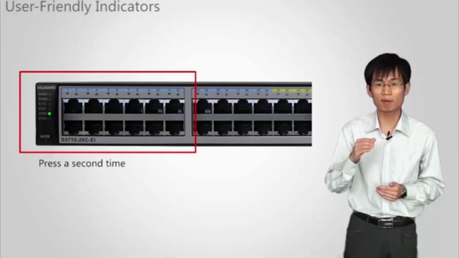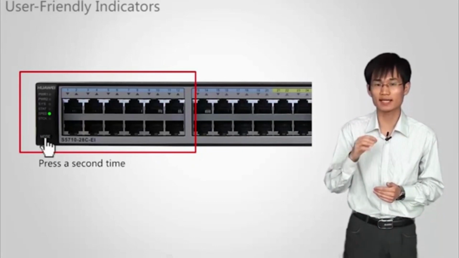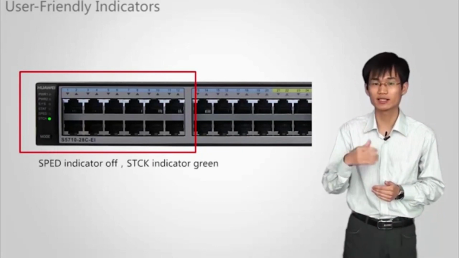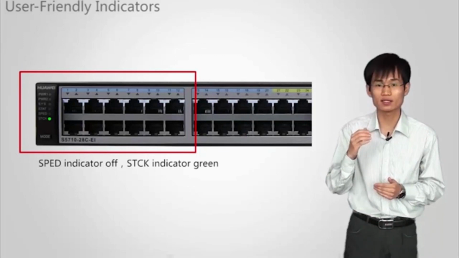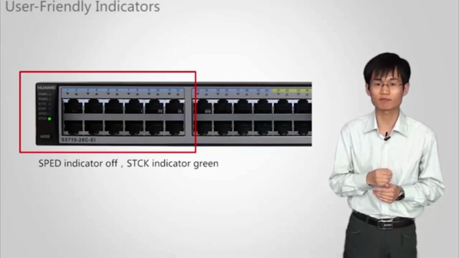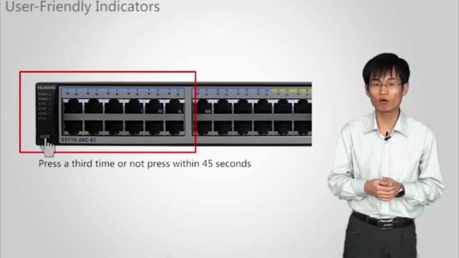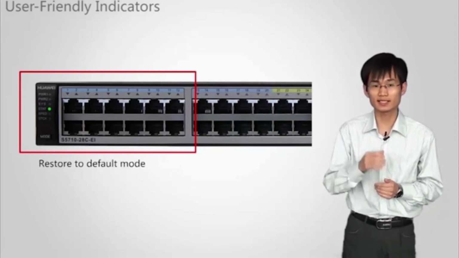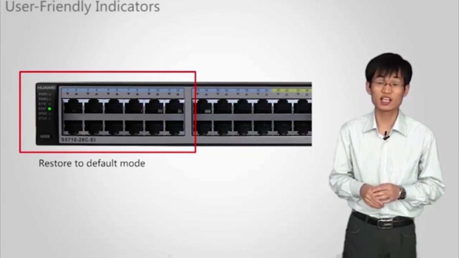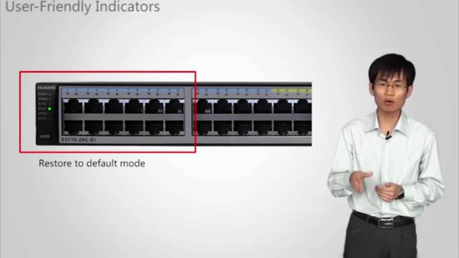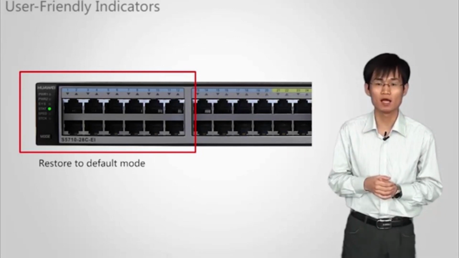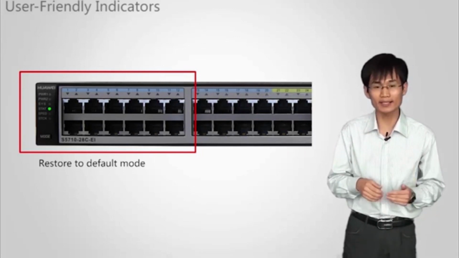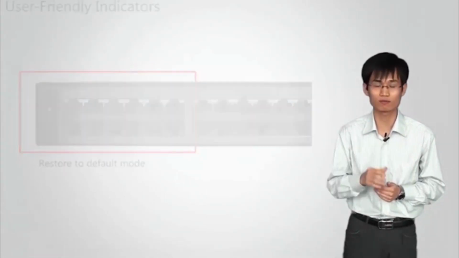When you press the button for a second time, the STCK indicator turns green, and the service interface indicators show the stack status. When you press the button for a third time, the STAT indicator turns green. If you do not press the mode switching button within 45 seconds, the mode indicator automatically restores to off.